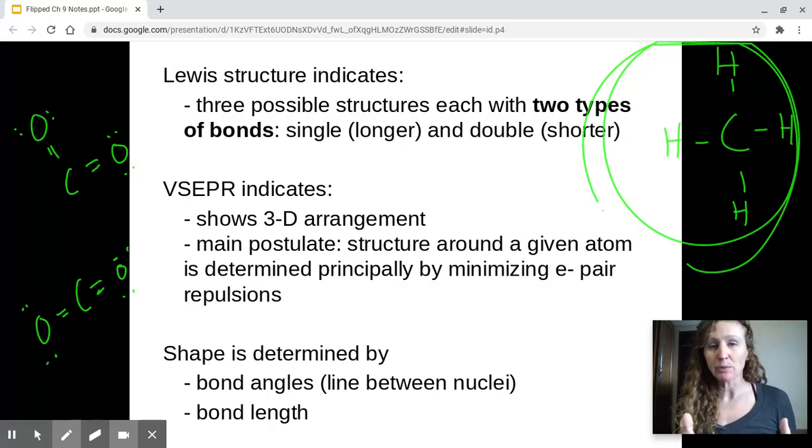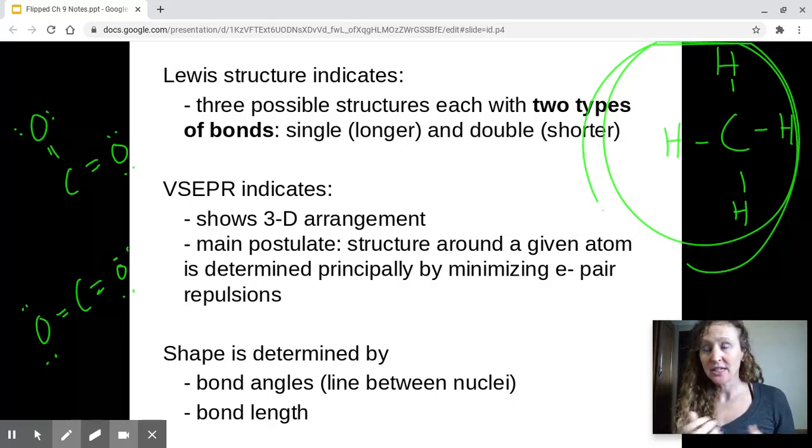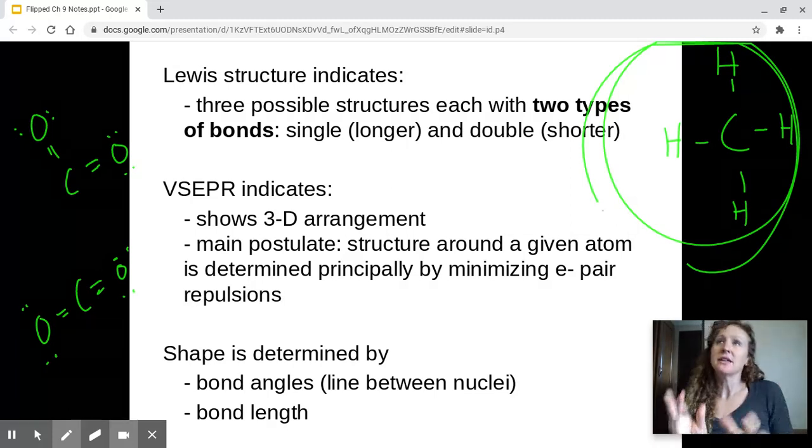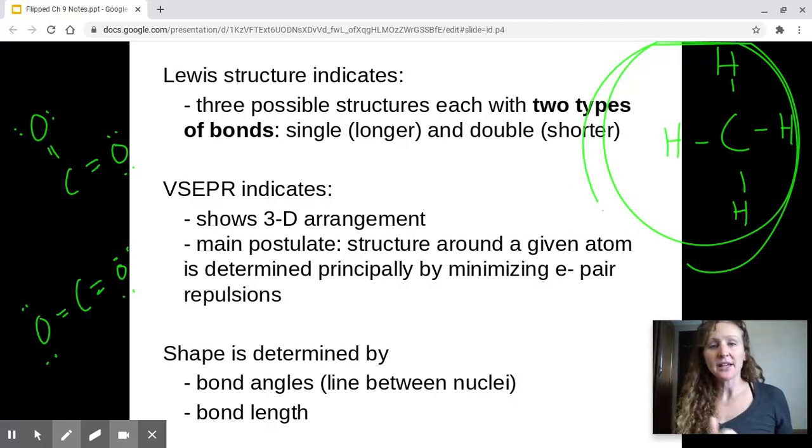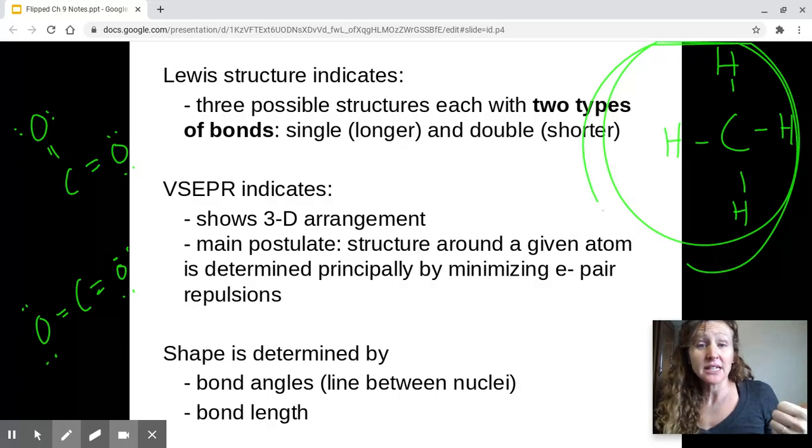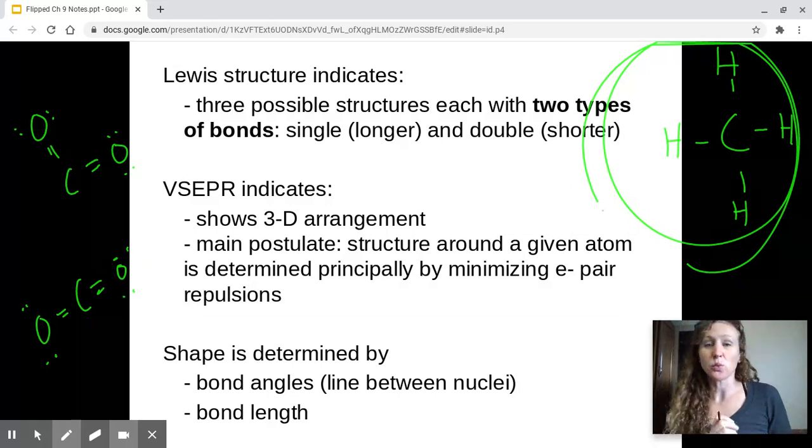So this VSEPR model is going to help us begin to think about possible shapes that these molecules can take on. It's going to show us a 3-dimensional arrangement, which gets a little bit tricky because we're going to be drawing this on a 2-dimensional plane. So we'll talk about how we do that.